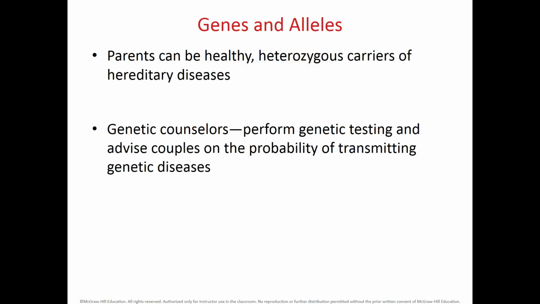Now, genetics is more complicated than that, because many of these traits are coded by more than one gene. Now, what is the importance of learning this? Well, because sometimes the parents can be healthy and they can be heterozygous carriers for hereditary diseases, in which they have a dominant trait for being healthy, but they still have another allele that codes for a disease.